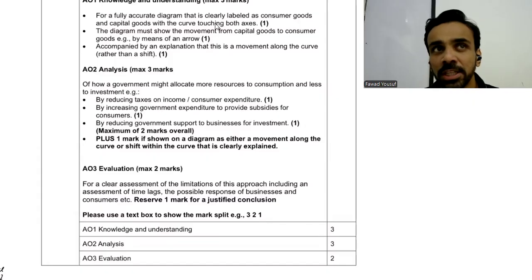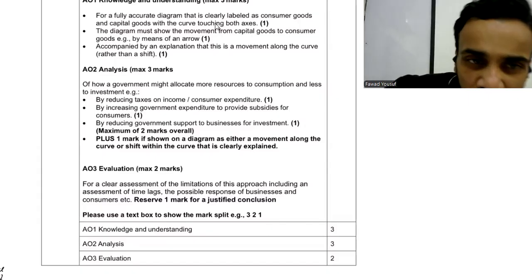And in evaluation I hardly ever give anyone full marks, because kids are unable to go to that extent of the evaluation.